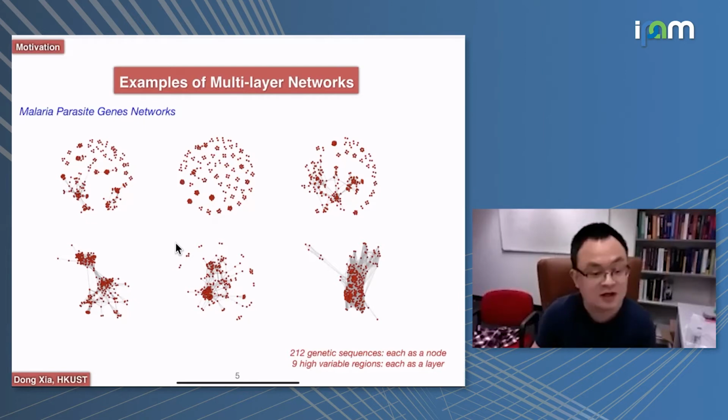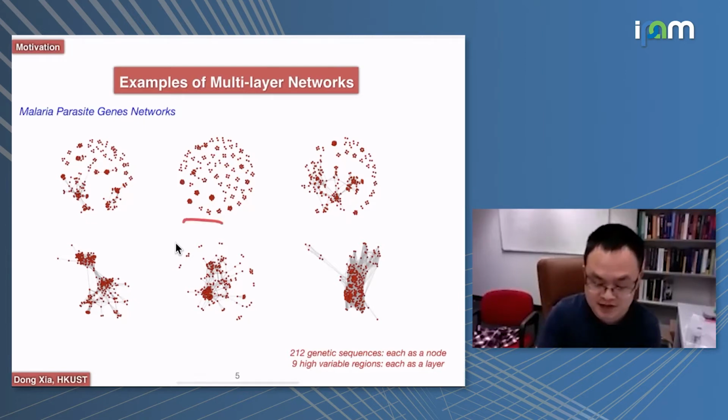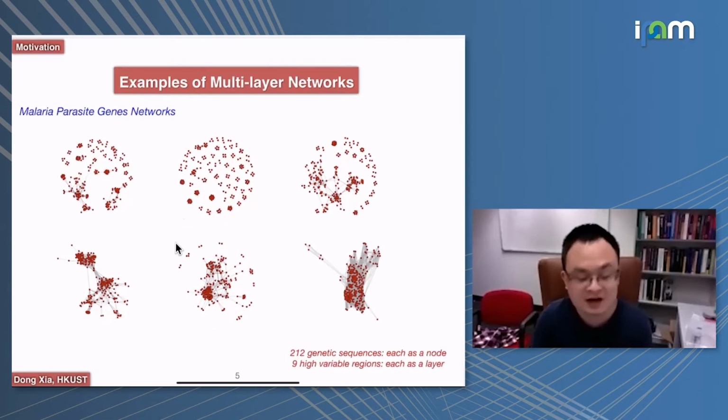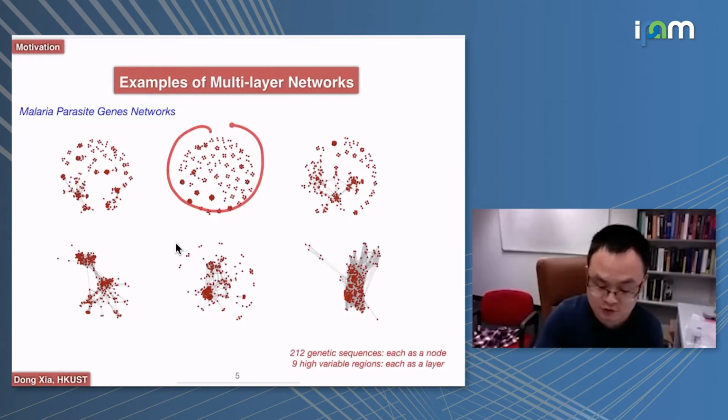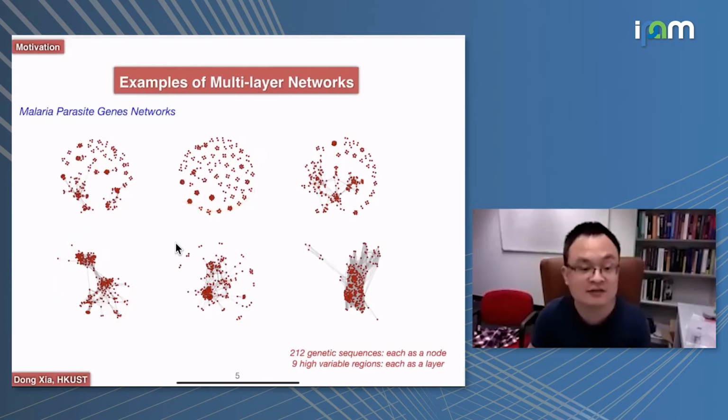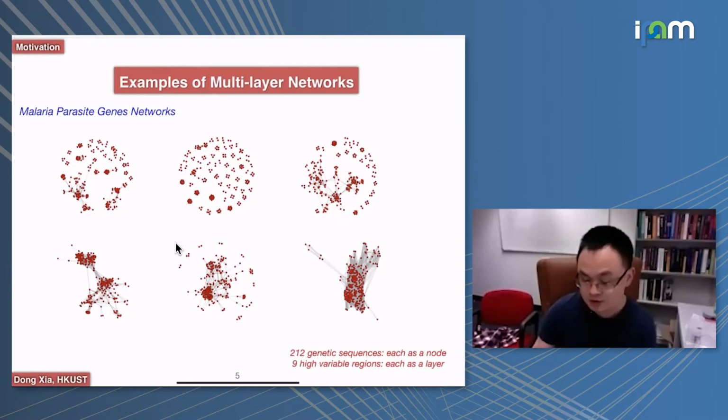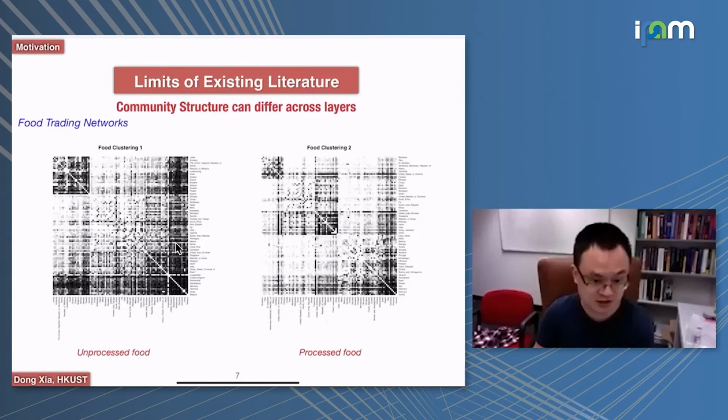And also, if you observe this kind of networks, it is highly unlikely, as you can see for the 2 layers, to assume they come from the same community structures. Okay, so our motivation is that we want to study the community structures on multi-layer networks, and the community structures can be different across layers.